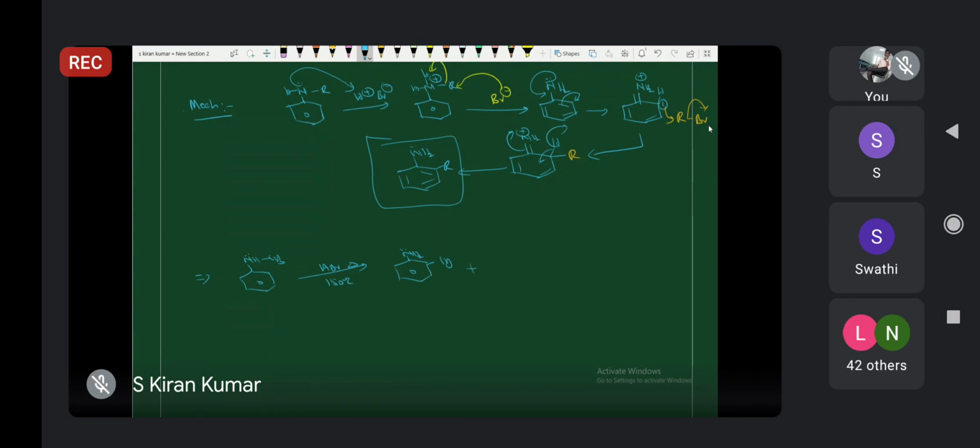Orthomethyl aniline and paramethyl aniline.